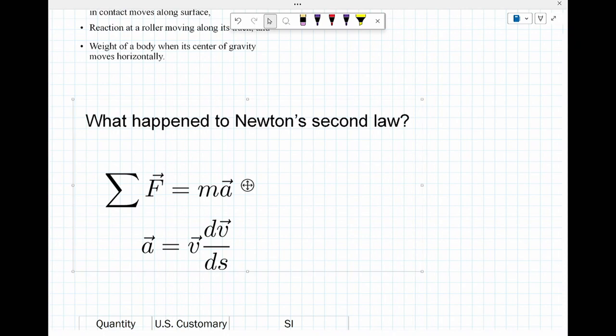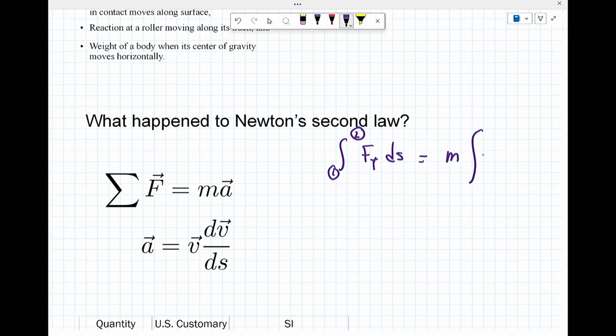I can write that directly as the integral from 1 to 2 of F ds equals m times the integral of v dv from v1 to v2.